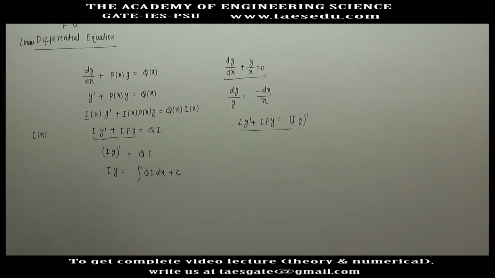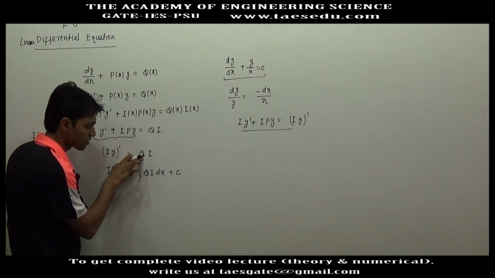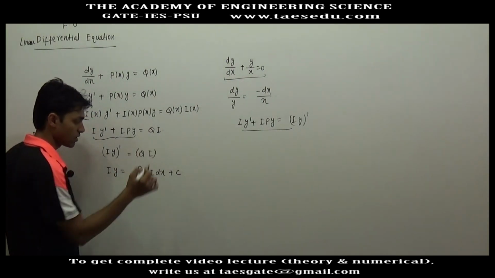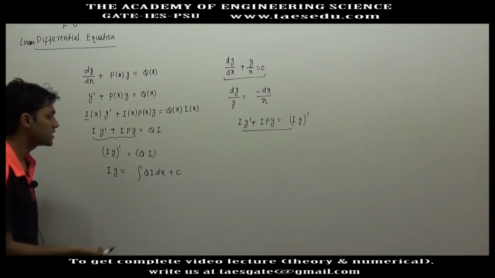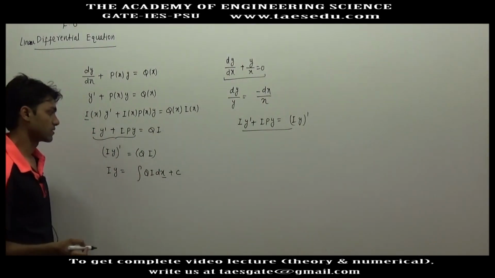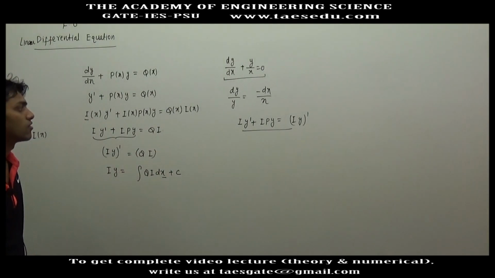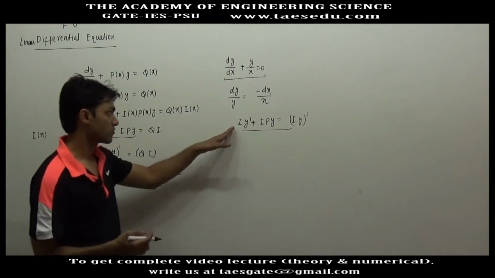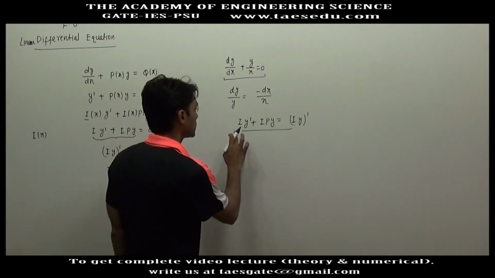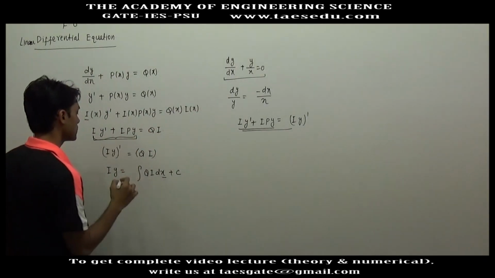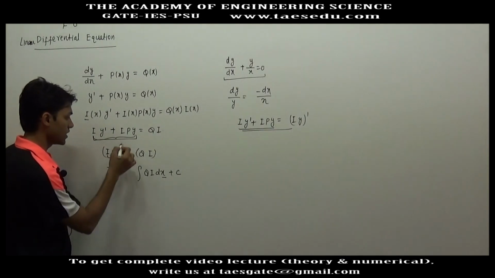This will become very easy because q is a function of x, I is also a function of x, so this function can be very easily integrated in terms of x. So now we need to find that function I as a function of x, such that this quantity becomes the derivative of I into y.